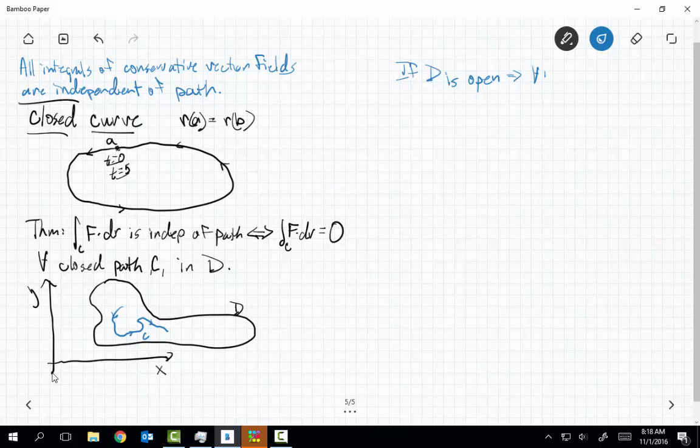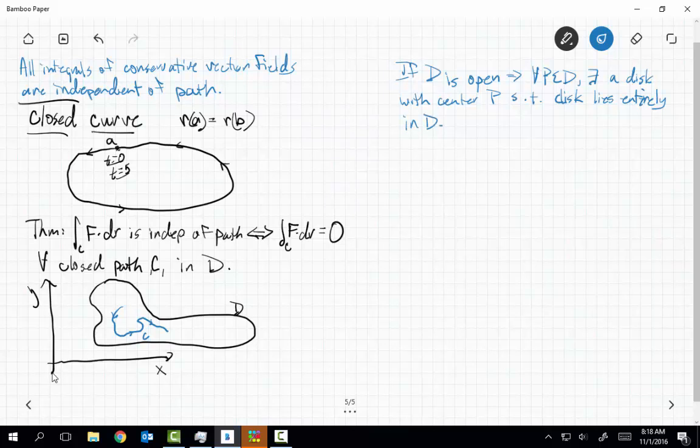If D is open, this means that for every point in D, pick any point P in D, there exists a disk with center P such that the disk lies entirely in D.